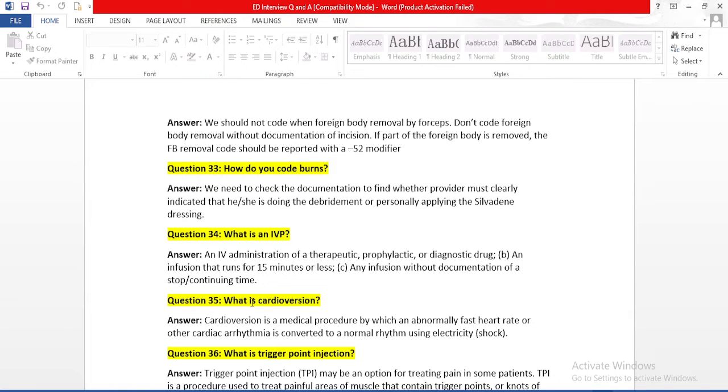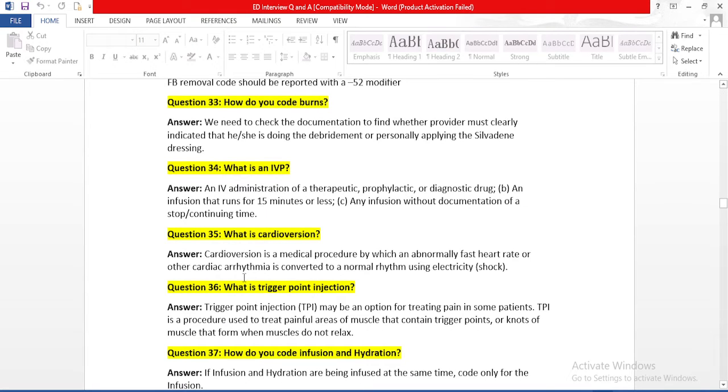So if the physician removes the foreign body using forceps, we can't consider it a foreign body removal. Also, if the physician does not create any incision, we can't code foreign body removal. If the physician removed only part of the foreign body, we need to add the 52 modifier, which is the reduced services modifier.